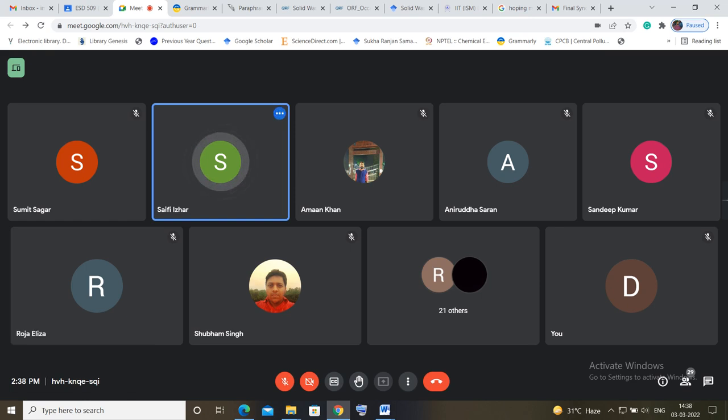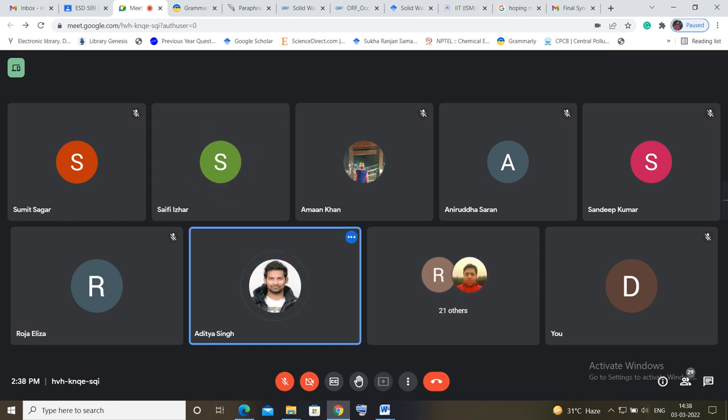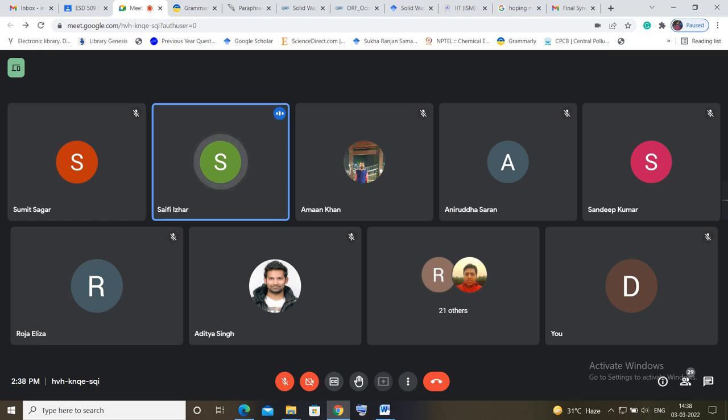Abhishek Kumar is absent. Aditya, present. Akash, present. Amit Kumar Arya, Anirudh, present. Ankesh Kumar, Anurag Ranjan, Anurag, Arjun, present.